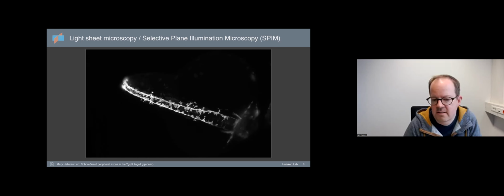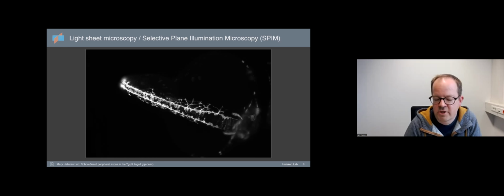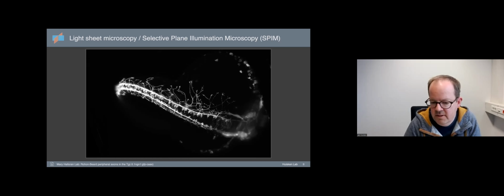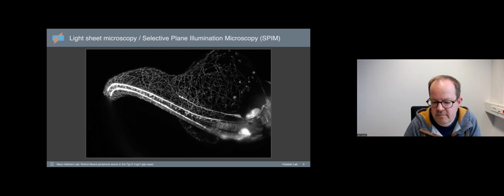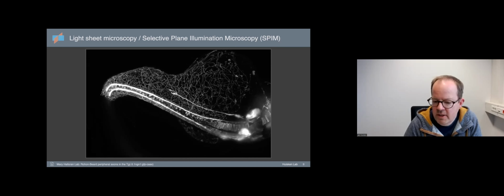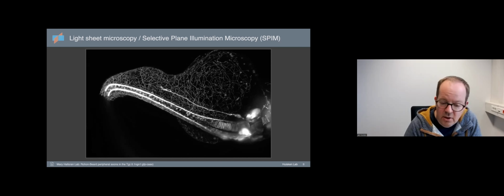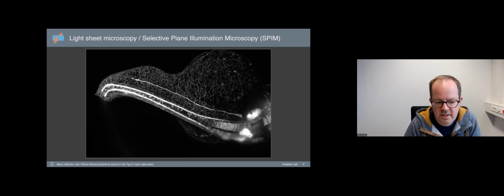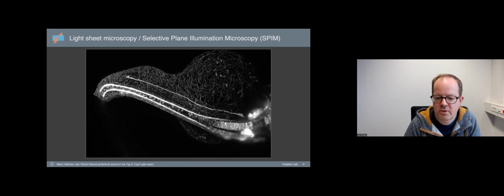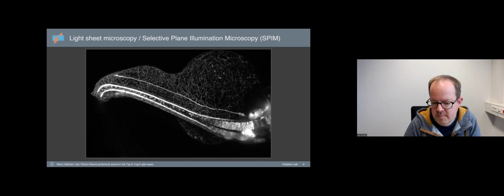And this is just a simple maximum intensity projection of a time-lapse movie that runs for about 15 to 20 hours typically. And what's striking here is not necessarily only the spatial resolution and temporal resolution, but it has a lot to do also with how the specimen is prepared.